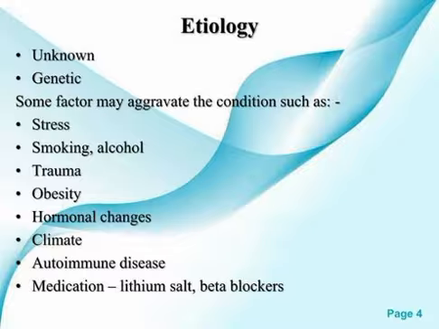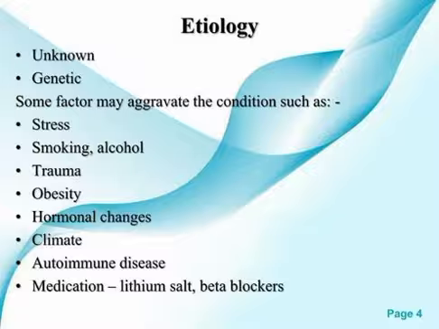Sometimes the medications we take for certain diseases, like lithium salts and beta blockers, can also aggravate psoriasis. So the etiology of psoriasis is unknown, but mostly it is an autoimmune or genetic disorder.